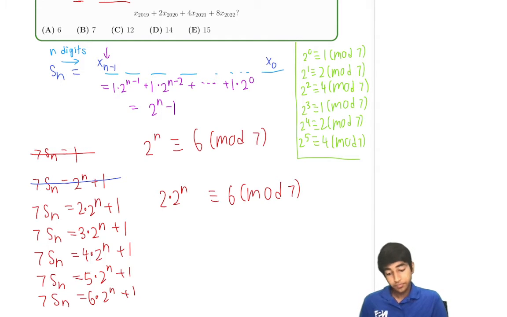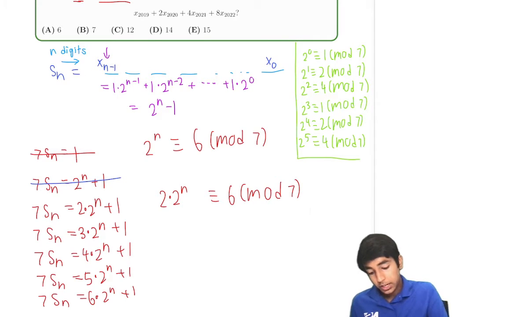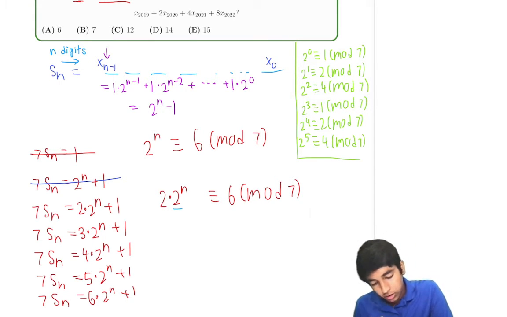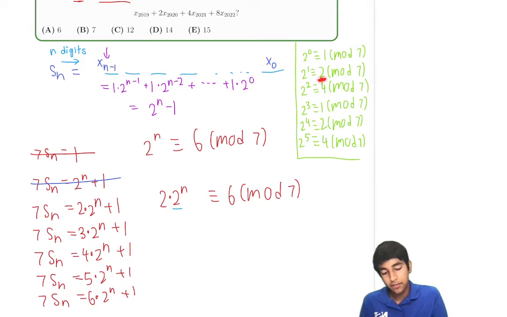And now we can see that for 2 times 2 to the n to be 6 mod 7, well, 2 times 1 is 2 mod 7, 2 times 2 is 4 mod 7, and 2 times 4 is 1 mod 7. So the only possibilities for this quantity here, mod 7, are 2, 4, and 1.